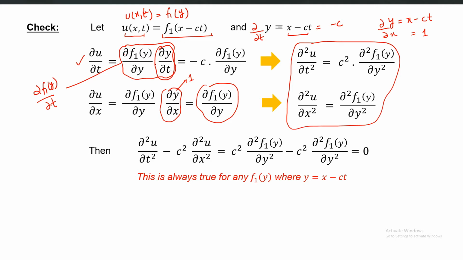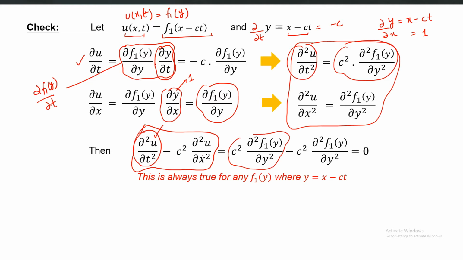This is the original equation, the left hand side of that equation, and we already have calculated that this first term is this whole thing. So let's replace this first term with this whole thing, and minus c square times this second result which we have just calculated.